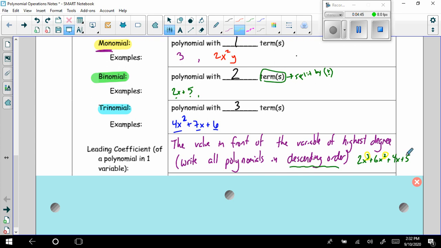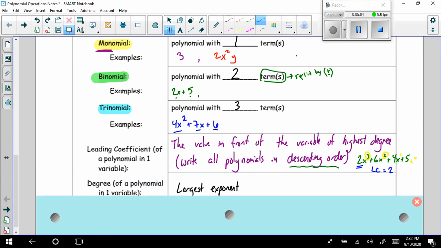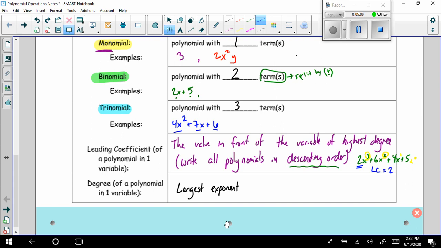We have 3, 2, 1, and then nothing, so technically 0 if you want to be technical there. They go in descending order. So your lead coefficient is 2. Okay, the number in the very front once you have it in order.